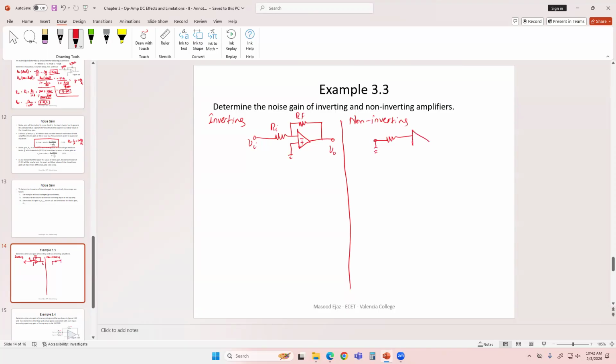And then our non-inverting amplifier, with V input. So the first step is that we de-energize all the input sources. In this case, the input sources are V input in both cases, so we are going to de-energize them. That means we connect them to the ground.